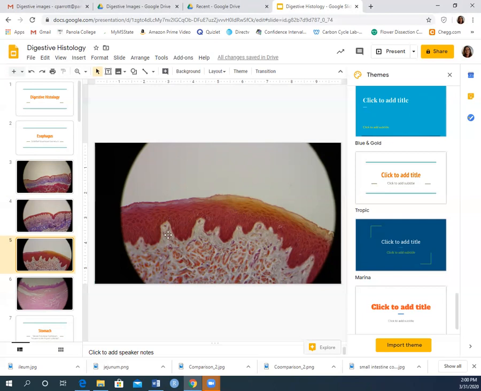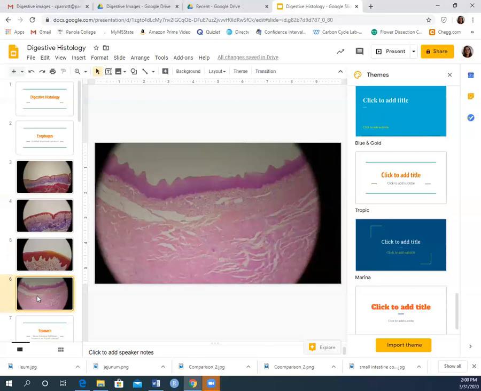Yeah. Okay. And then here's another one, and you'll see the same thing. At the top here, you're seeing a bunch of stratified squamous epithelium. Again, that's the only thing you're looking for here. You good with that one?